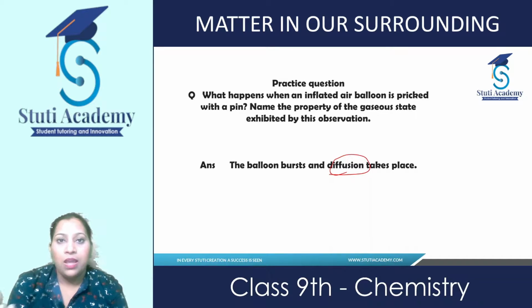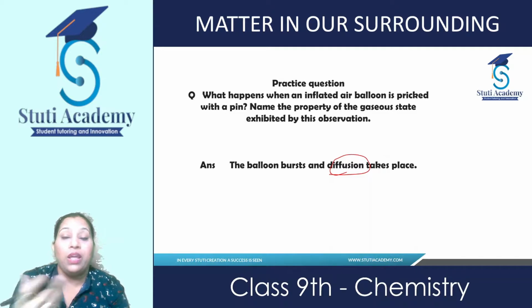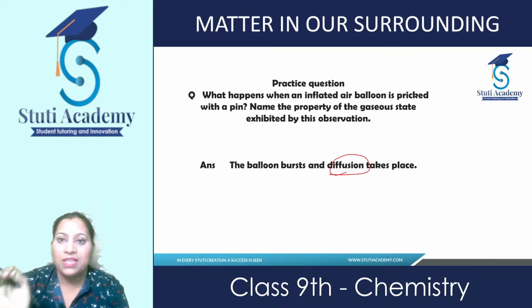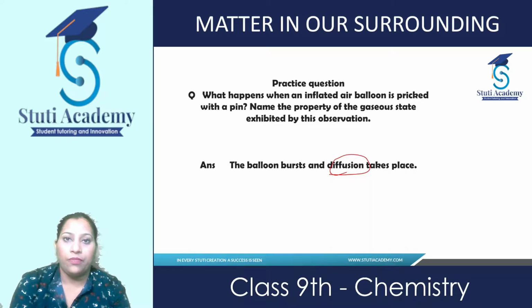When we fill air in a balloon and then prick it with a pin, the gas comes out from the balloon and it bursts. The coming out of the gas and its mixing into the atmosphere is due to the process of diffusion.